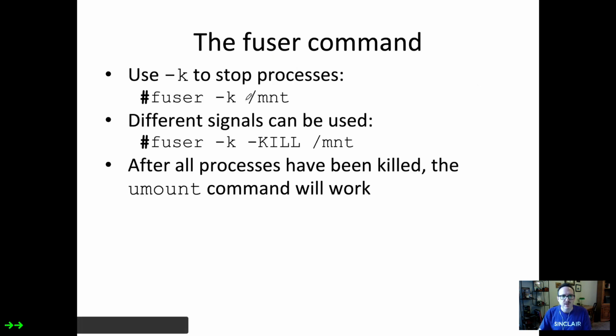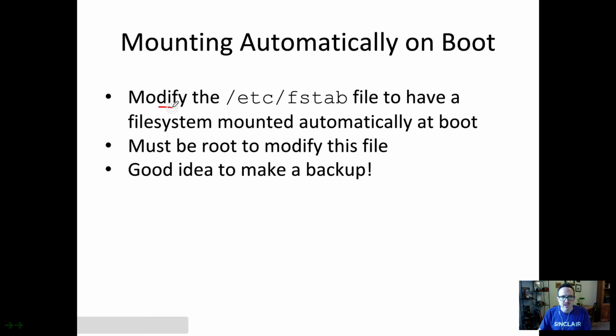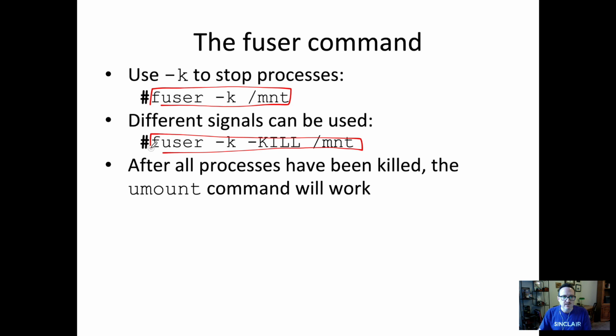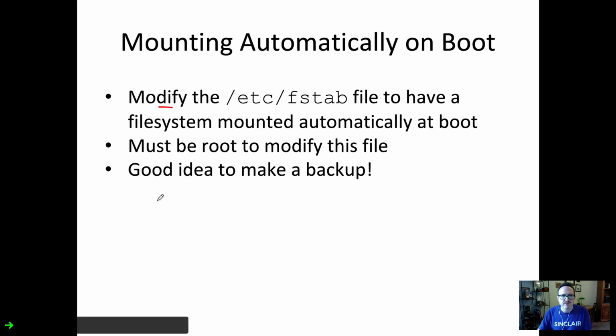But you can use fuser -k to stop all processes on that mount point, sending the kill signal to them. And after that, you can unmount it. So in an emergency situation, where you can't get a hold of a certain user who's running a process and you need to unmount that, you can do this as system administrator.